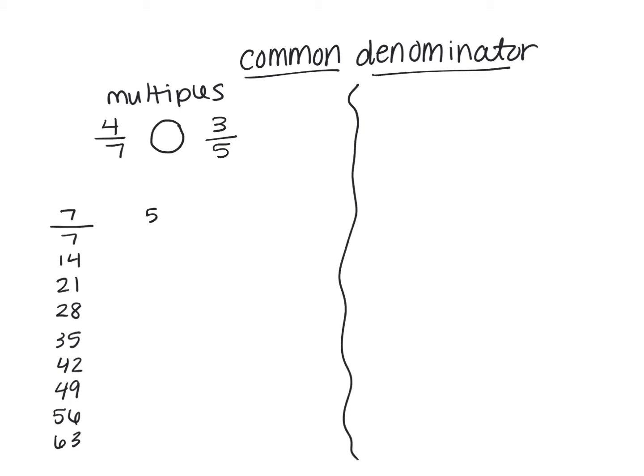My multiples of 5 are 5, 10, 15, 20, 25, 30, 35, 40, 45, 50. Now I want to look at the list for a common multiple. They have a common multiple of 35. So I want to make my denominator 35.